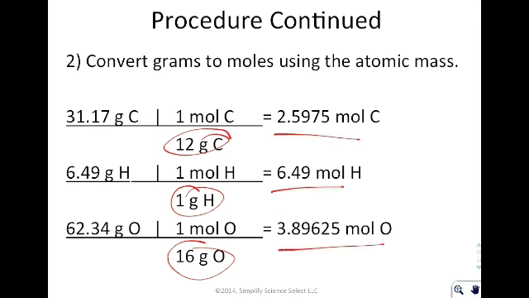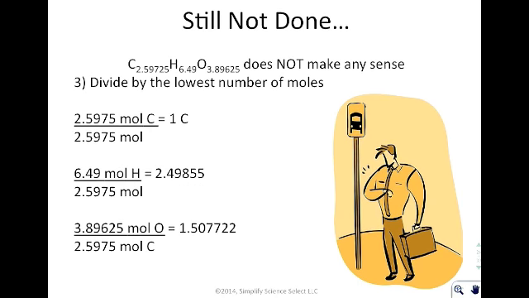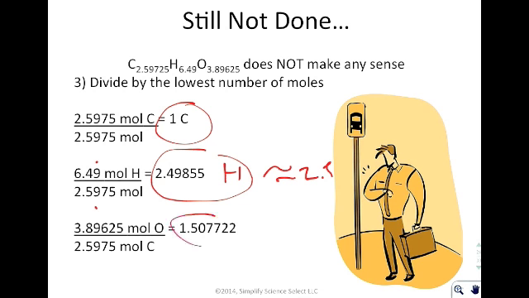Now, you should realize that it can't be carbon 2.5975. That doesn't work because this has to be a whole number. So what you're going to do is divide by the lowest possible number. When you divide by 2.5975, which is the lowest of these three numbers, you get carbon is 1, hydrogen is roughly 2.5, and oxygen is roughly 1.5.